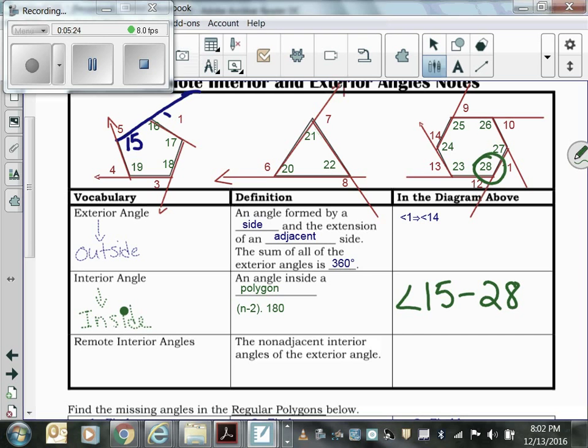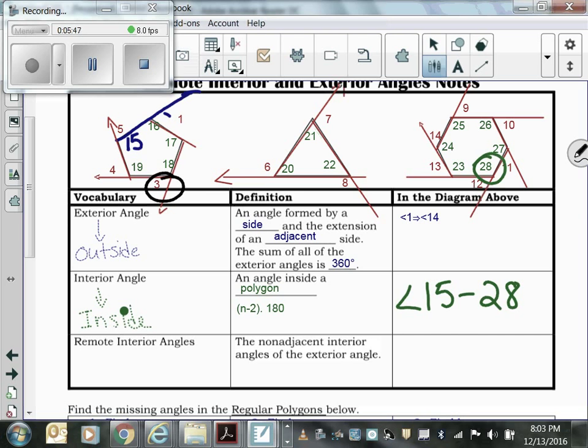Now, if you look down below, we have remote interior angles. Well, those are dependent upon the situation, right? We have multiple angles that can be outside. What it tells me is it's the non-adjacent interior angles of the exterior angle. So for example, if I go up into my picture and I look at, let's say, exterior angle number 3.